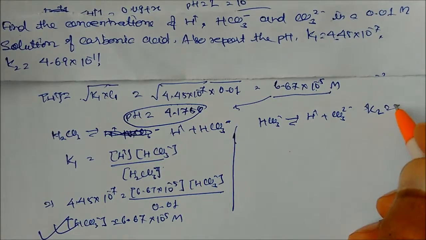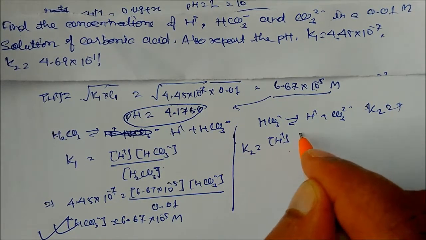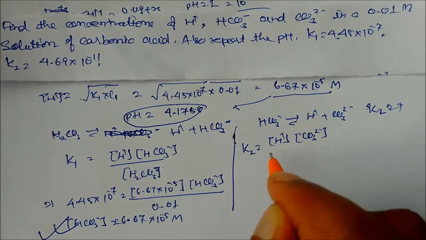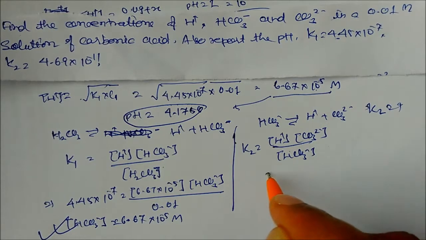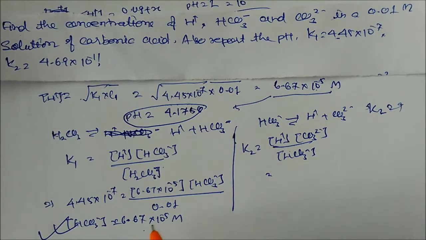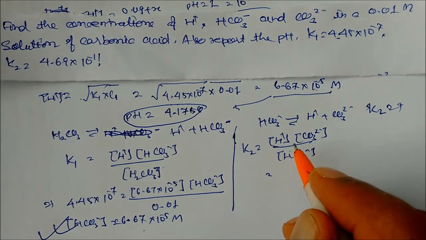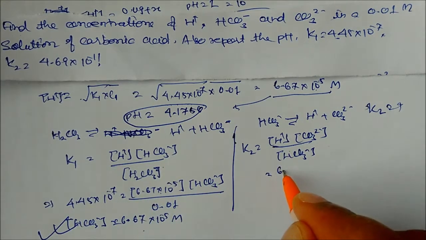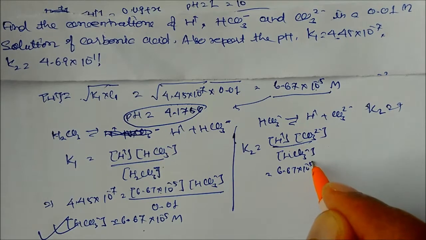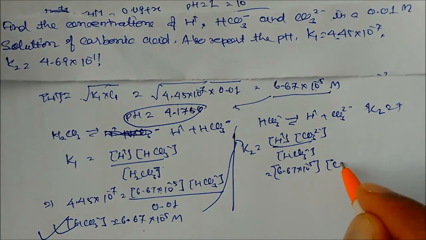K2 will be the concentration of H plus and the concentration of CO3 2 minus divided by the concentration of HCO3 minus. The concentration of H plus is 6.67 into 10 power minus 5, and the concentration of carbonate we don't know.